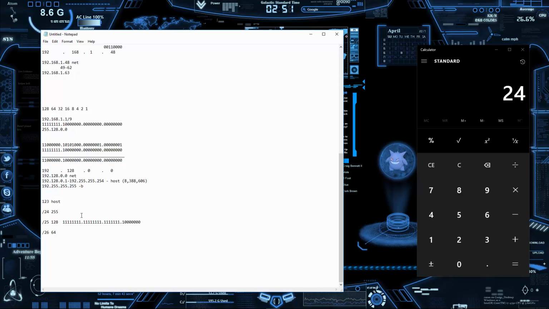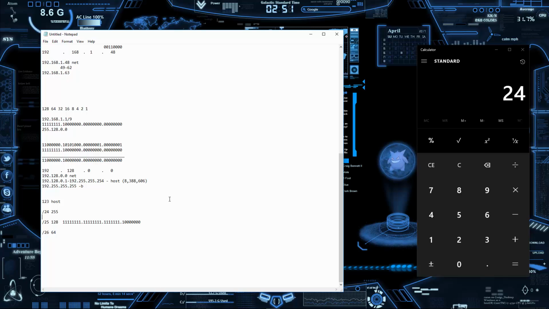One's going to be a net, one's going to be a broadcast, so that means you have 126 usable hosts, and there you go. With the /26, it's an extra one, and that would be 64, and that's where that 64 came into play. So basically, you can get this in your head pretty quickly.